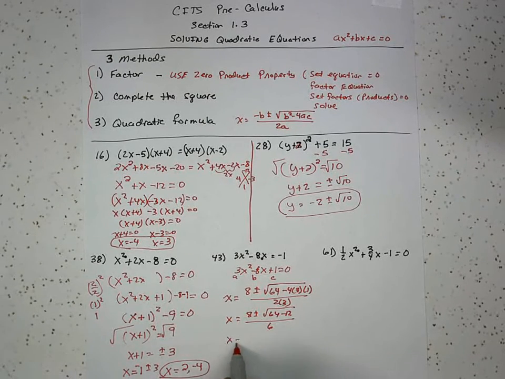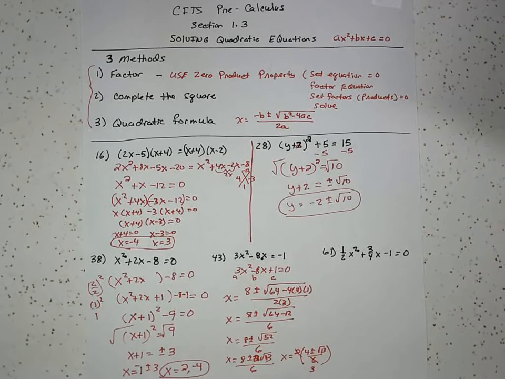64 minus 12 over 6. That's going to be 52. Now, square root of 52, that's 4 times 13. Oh, should be 2 square root of 13. And now, I can factor a 2 out of this first part and simplify that off.